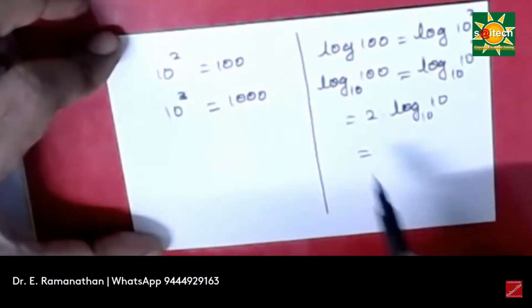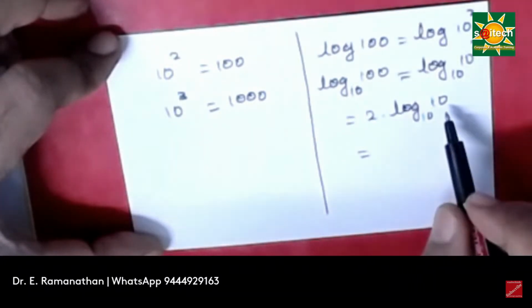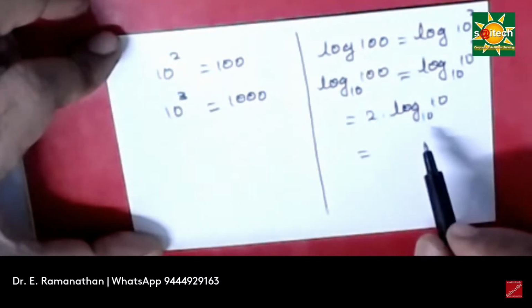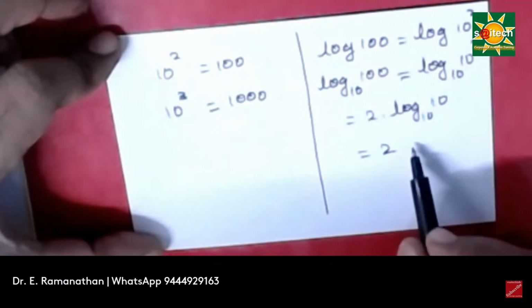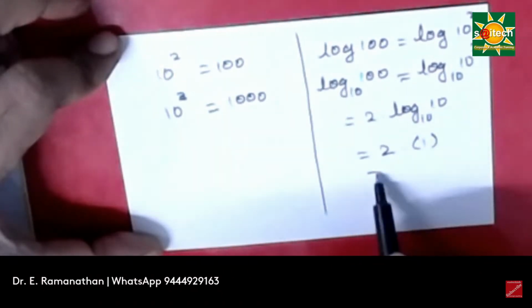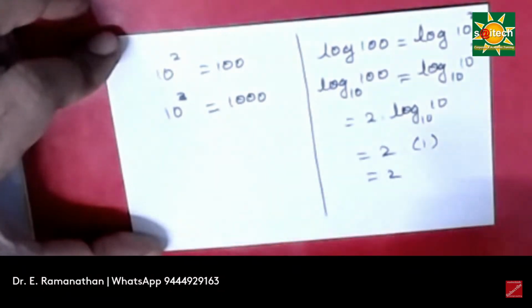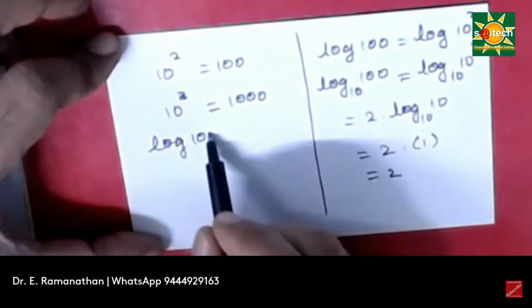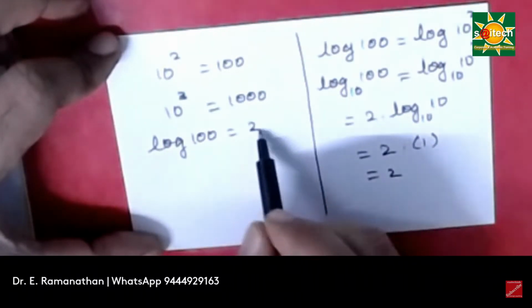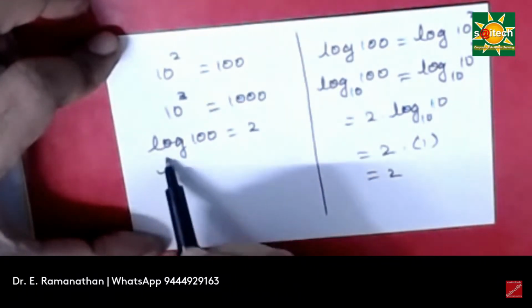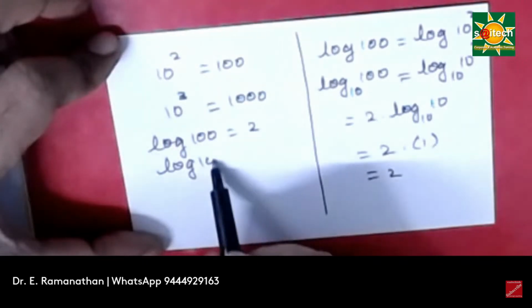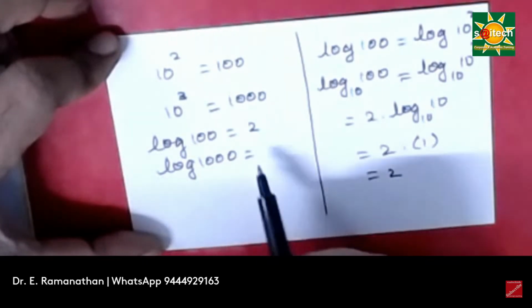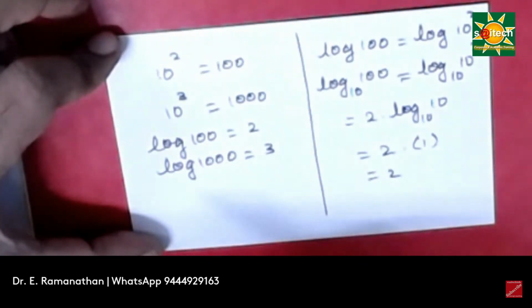As I already said, log of any number to the base the same number becomes 1. In that case 2 into 1, that is equal to 2. Is it clear now? That is why we put log 100 is equal to 2. Got it? For log 1000, we take that power term, which is nothing but 3.